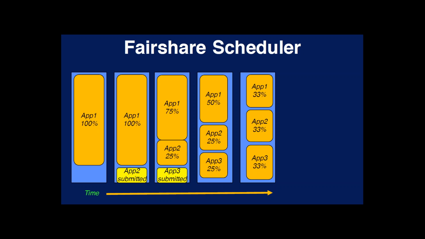That means every app submitted is getting some share in the scheduler. That means all other processes are not waiting for app 1 to be completed. So it is very good in the sense that it will be very interactive and progress will be seen by the user very quickly.